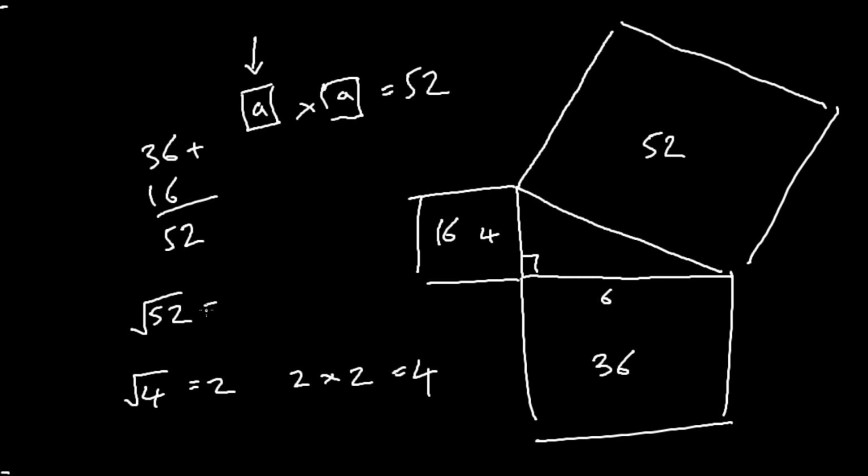So if we put the square root of 52 into a calculator, what you get is quite a long number, and that's normal. It keeps going on like that, and just round that to 3 decimal places, so it'll be 7.211. And that's your answer.